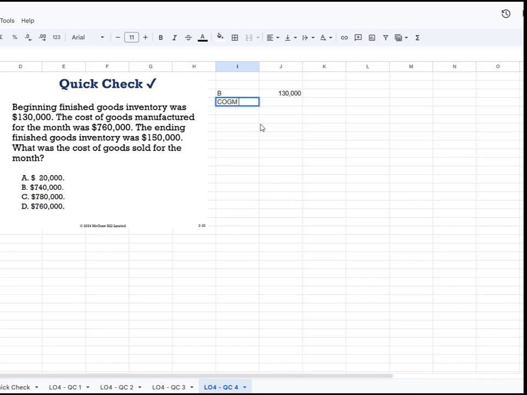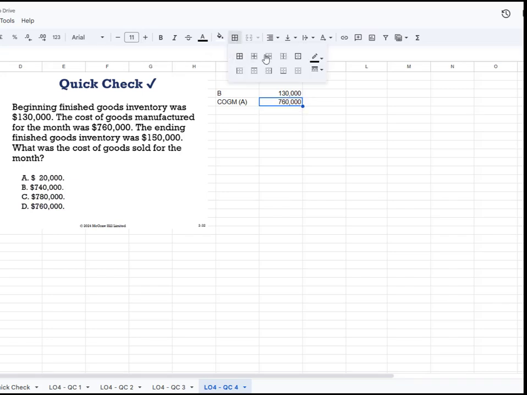So our COGM, or additions, that were added was $760,000. All right, this was a productive month. And so that means that our cost available for sale, or our total in, was $890,000. So this was our in, or our available for sale.